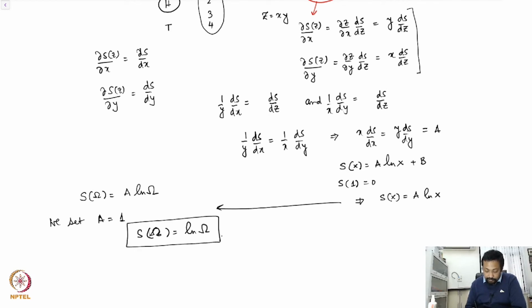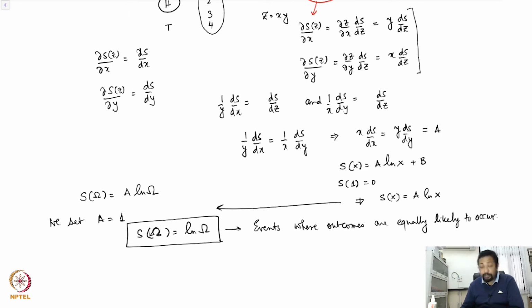This is the expression for the uncertainty for events where outcomes are equally likely to occur. So that means all the outcomes have equal a priori probability of 1 by omega, right?